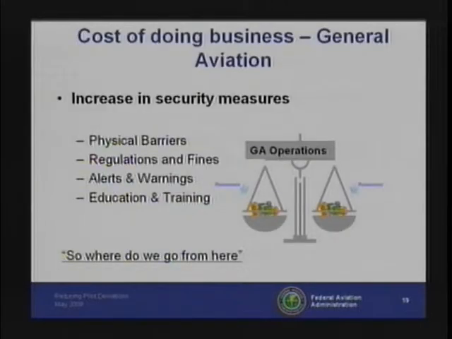Just going back to that first slide there, physical barriers in airspace cannot be placed there, obviously. Regulations and fines have limited effectiveness, so now we're taking that a step further. We've got alerts and warnings. We've got the surface warning system already in place. However, education and training is where most of the effective outreach is going to take place.